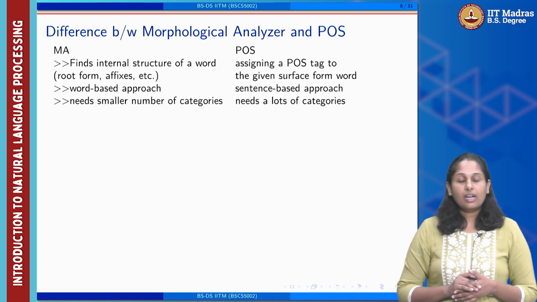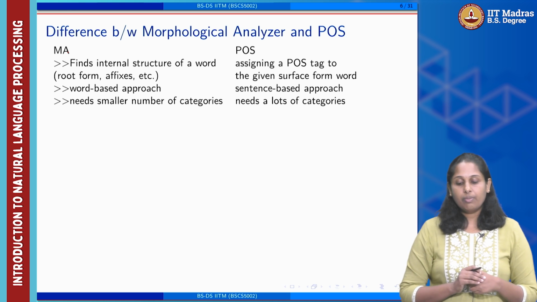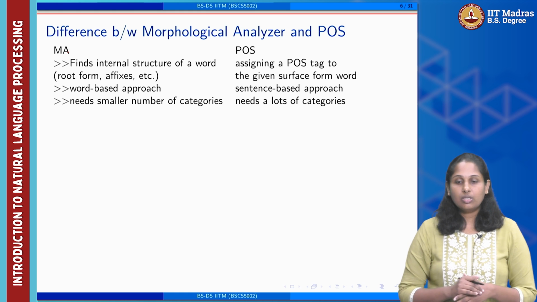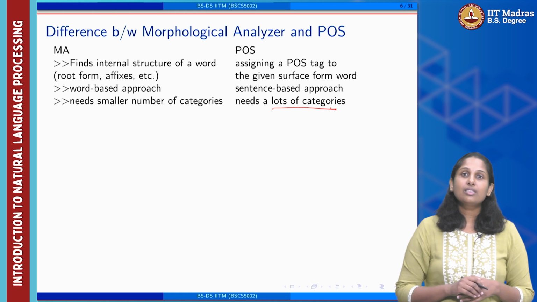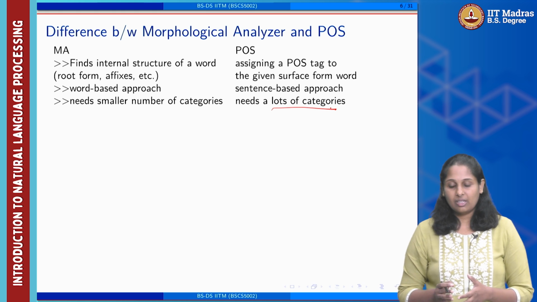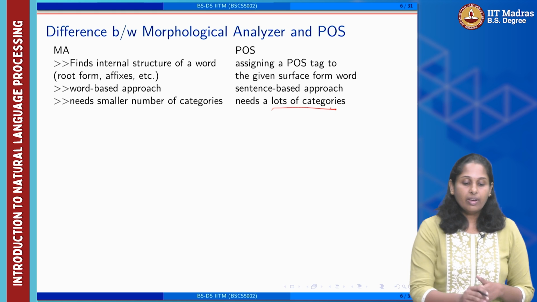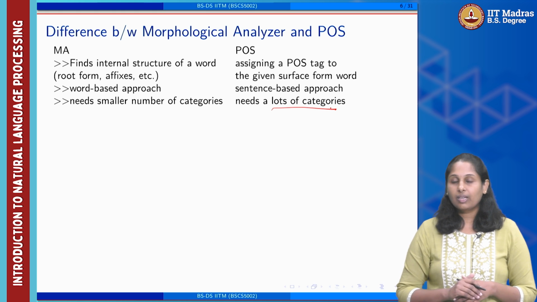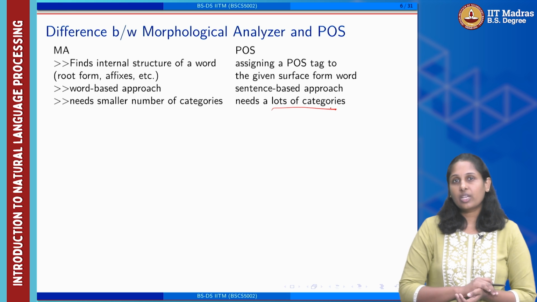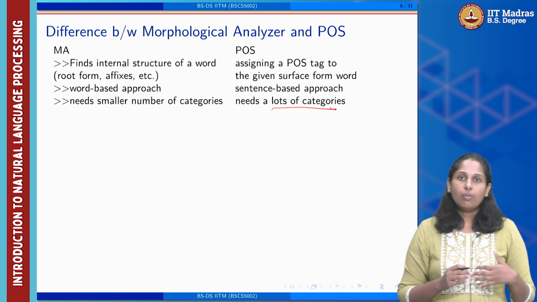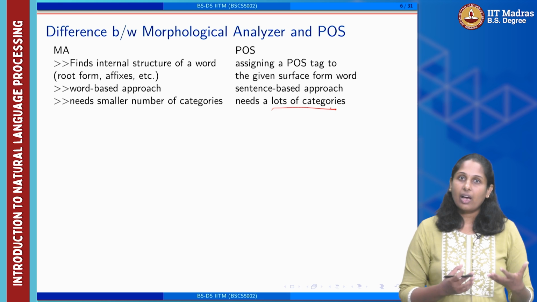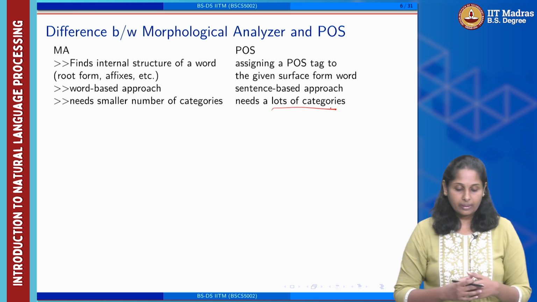In morphological analysis, we need a smaller number of categories, whereas in POS tagging, we need lots of categories, right. The categories which cannot inflect are also part of POS tagging, whereas in morphological analysis, we have seen the categories which can inflect, like nouns, verbs, adjectives, adverbs, pronouns, which have the ability to inflect.